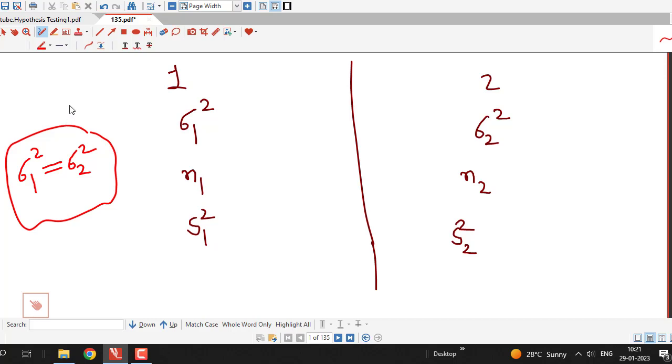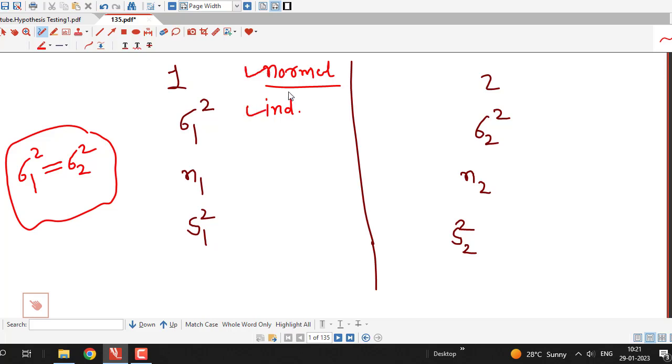To apply this hypothesis test, we are considering two assumptions. First assumption is that both the populations are normal, and second assumption is that both the populations are independent.